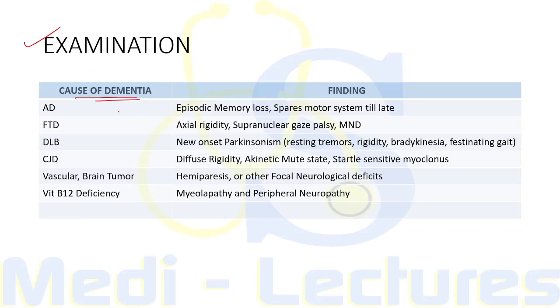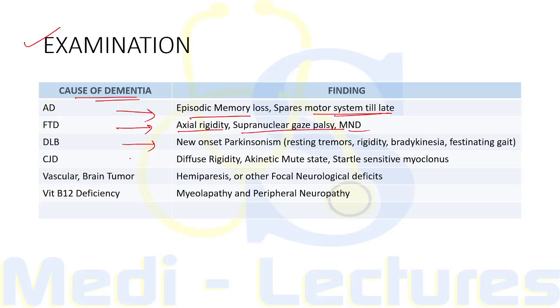So in Alzheimer's disease, there is usually episodic memory loss and it will spare the motor system till late. So in examination, no motor system will be abnormal till late. In frontotemporal dementia, we can find axial rigidity, supranuclear gaze palsy as well as motor neuron disease.